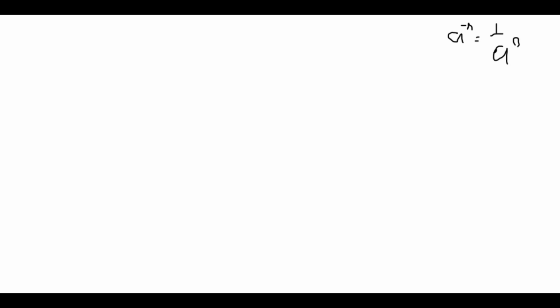Now let's use this law to solve some examples. Let's say we are supposed to simplify a to the power of negative 1. Now how will we simplify this? You see, in the law a is here, and in the expression a is also here.